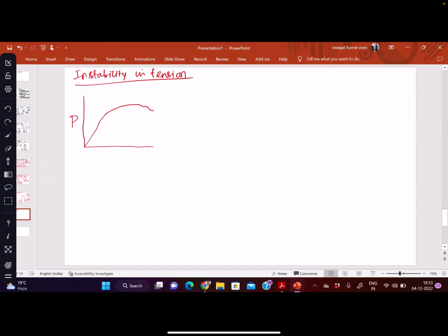Suppose this is a load versus elongation curve. At this point, we know the derivative is 0. The slope is 0 here, so this is the maximum load point. So the condition is dP equal to 0 at that point. And we know that load equals area times stress, so P equals A sigma.